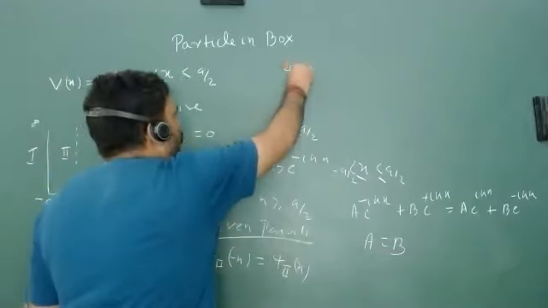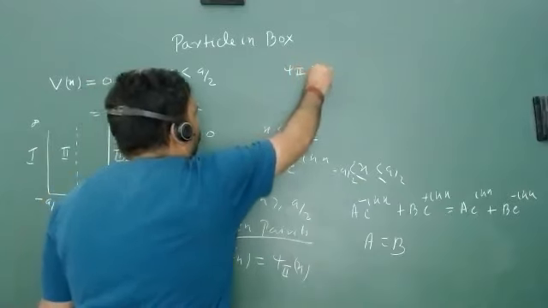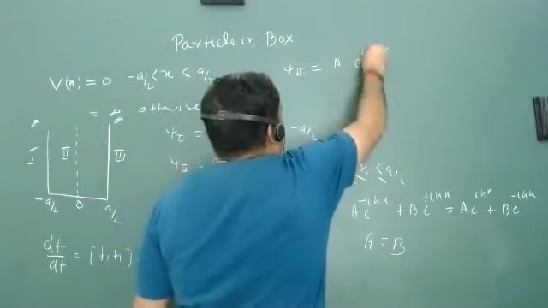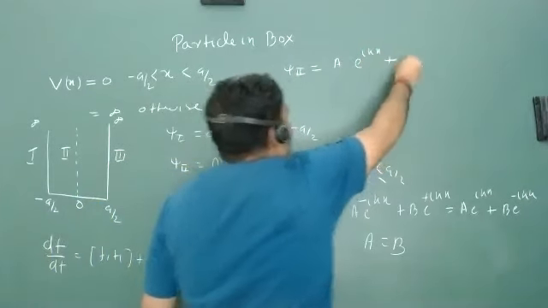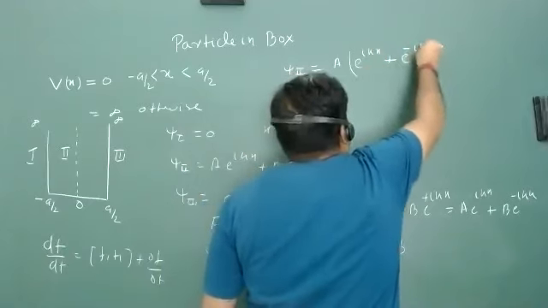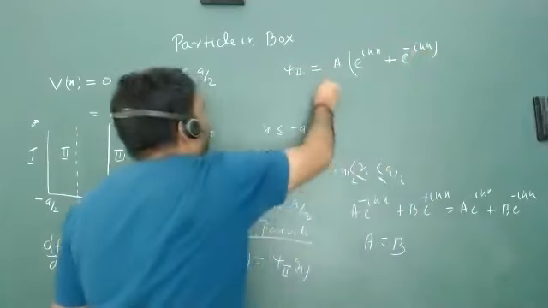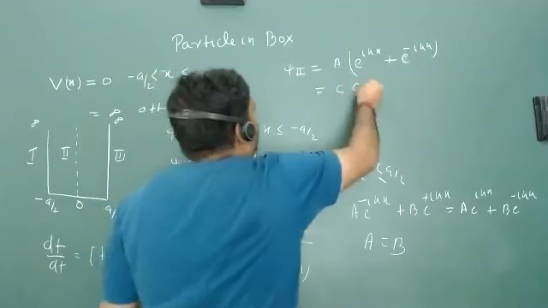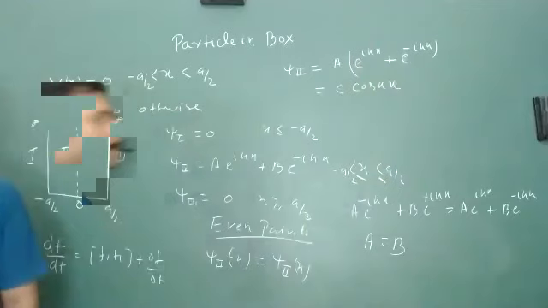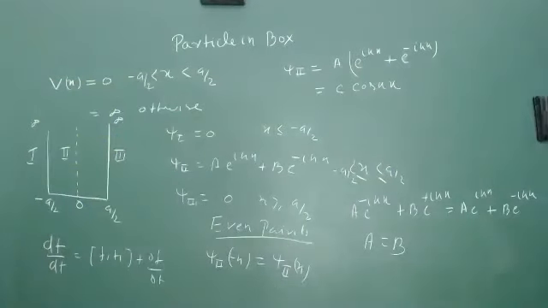Then my psi 2 is a, taking a outside, e to the power ikx plus e to the power minus ikx. I can write this whole stuff as C cos kx. Can I write it? Yes.